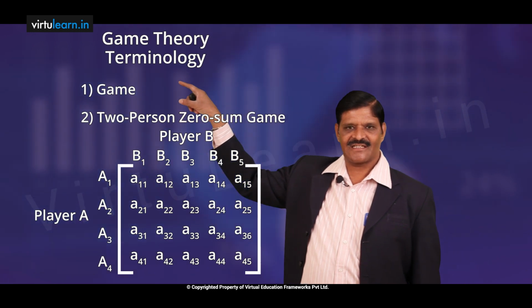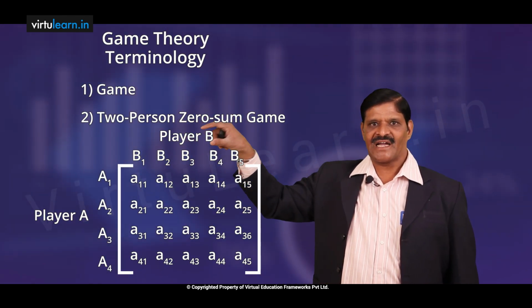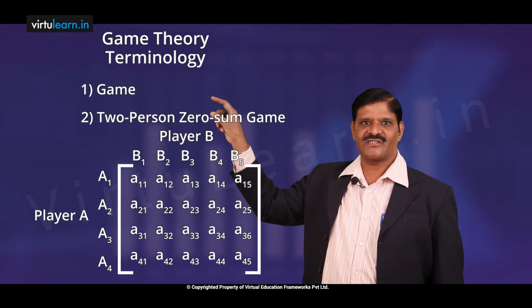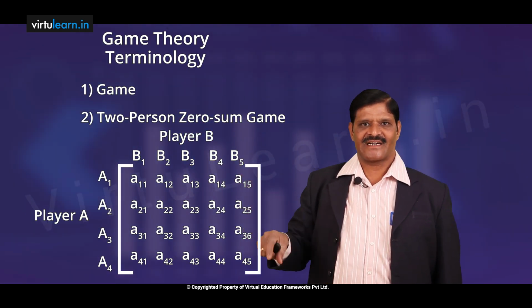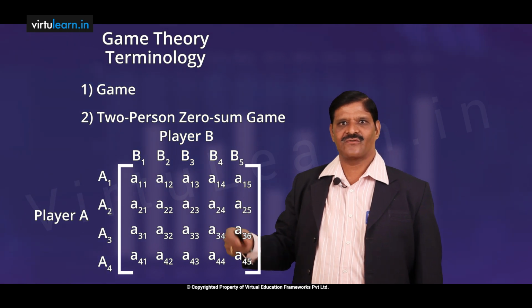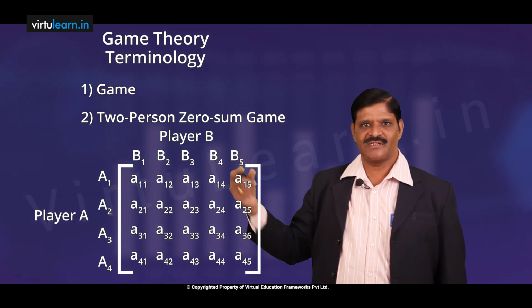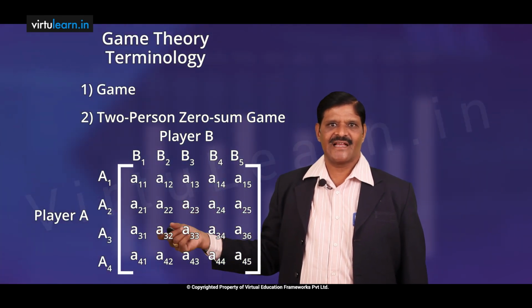Five strategies are there for B and A has 4 strategies. There is no hard and fast rule that A and B should have an equal number of strategies. A may have 4 strategies and B may have 5, or A may have 4 and B may have 3, likewise.